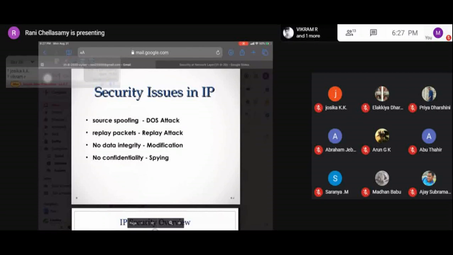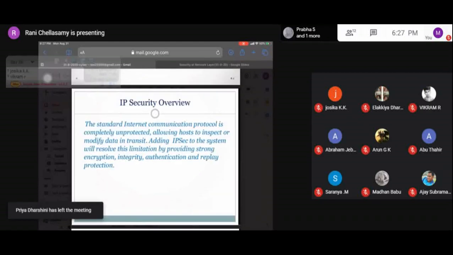All these security issues can be overcome with the help of security protocols. To overcome all these issues, we use the IP security protocol at the network layer, in order to resolve all these limitations, which provides strong encryption, data integrity, authentication, and replay protection.